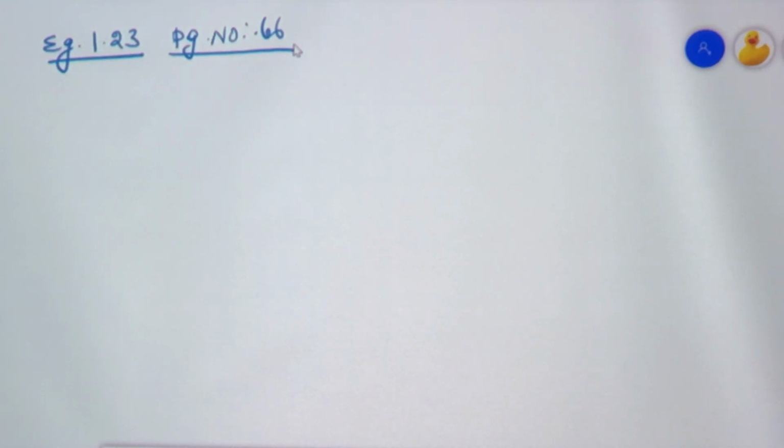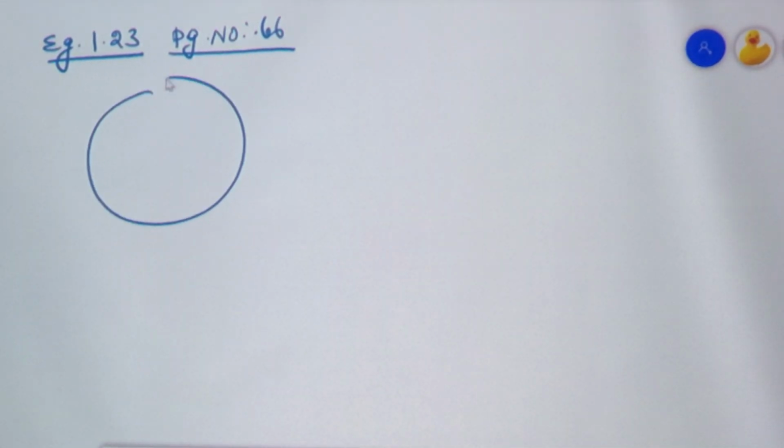See, two conducting spheres of radius r1 equal to 8 centimeter and r2 equal to 2 centimeter are separated by a distance much larger than 8 centimeter. Okay, we have two spheres. This is one sphere having a radius r1, which is equal to 8 centimeter.